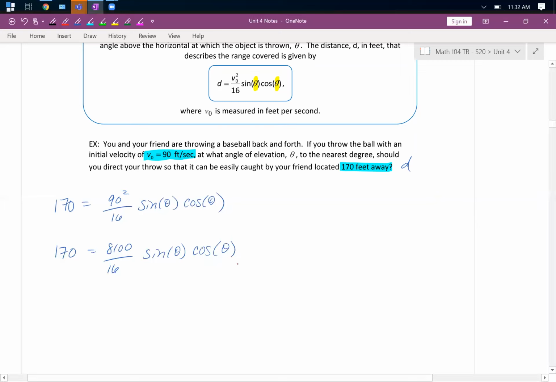If you take a look at your formula sheet, do you see any formulas that have sine times cosine? Or even on the left-hand side, do you have any formulas that have sine times cosine?